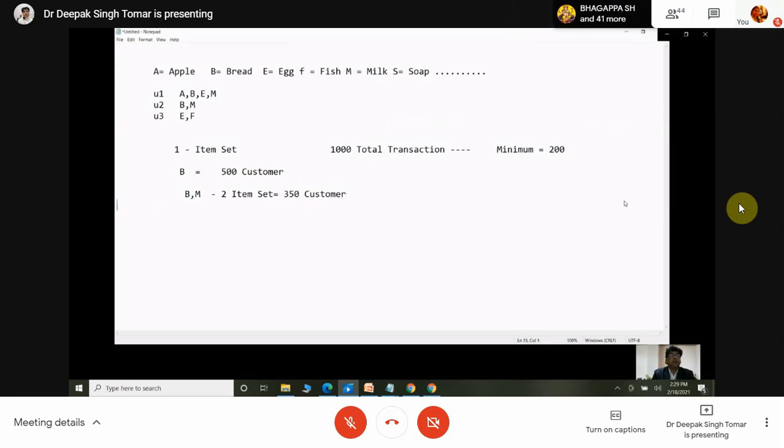When we put bread, milk, and egg, that is the length of a three item set. For example, bread, milk and egg are bought by 244 customers.